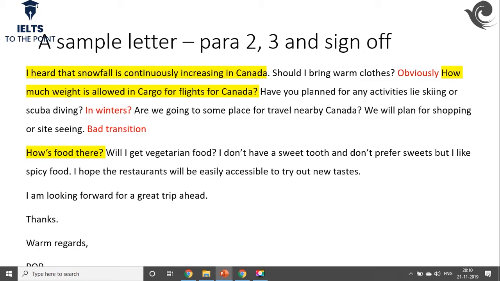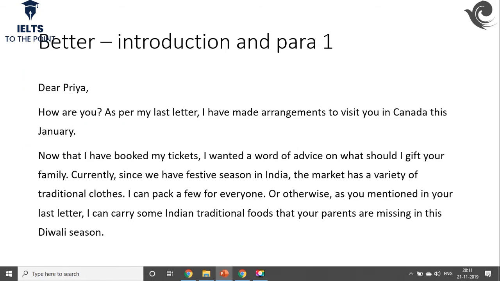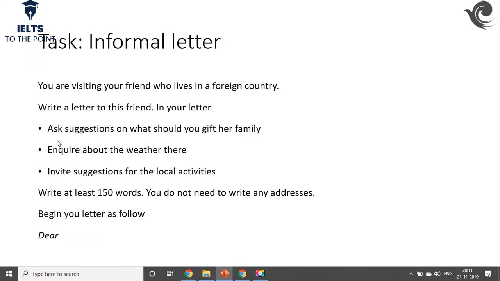Second thing is, the friend that you're going to is probably not knowing these details, so it's no point in asking her that. Anyway, the instruction is mainly about the weather.